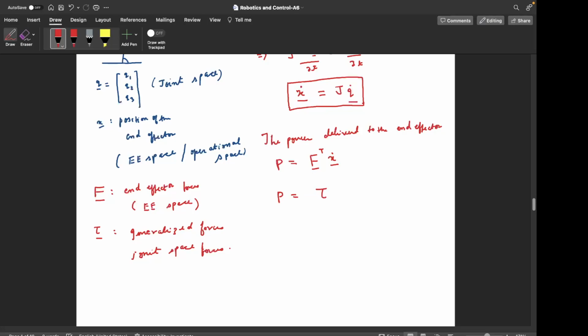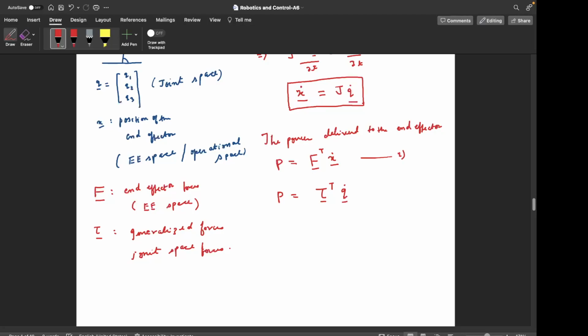So that would be tau dot, and what is power? Tau omega, right? So omega means joint velocities. So that would be q dot, right? Now both are power only, the power delivered to the end effector. So we can equate both these expressions.